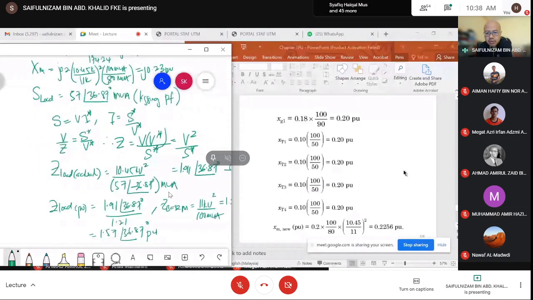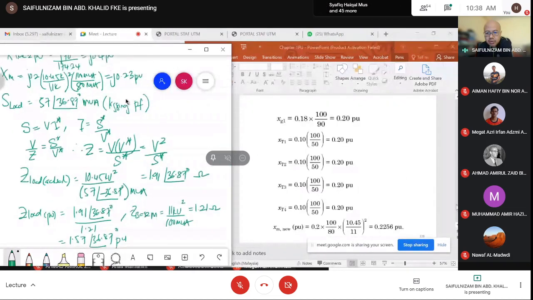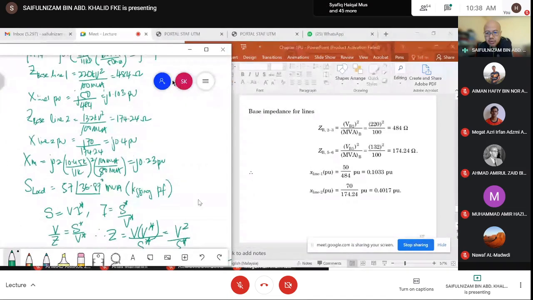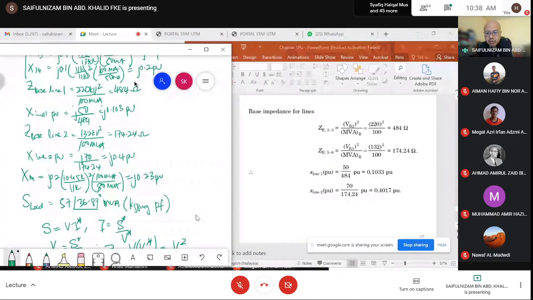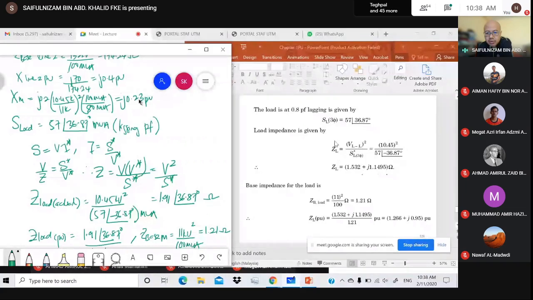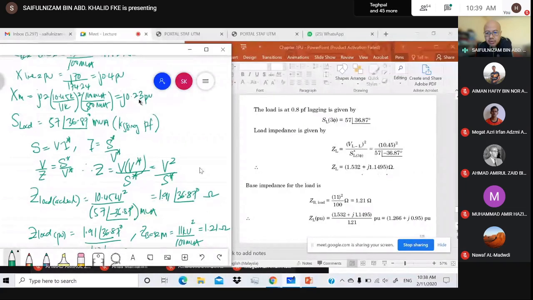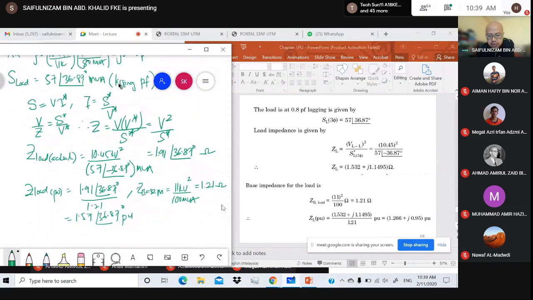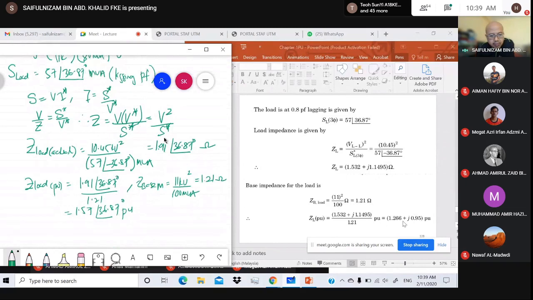Generator, you get 0.23, so okay. And then for the line, where's the line? Okay, 0.1, 0.4, okay. Okay, load, okay. 1 point, okay, you can change into polar and compare the answer.